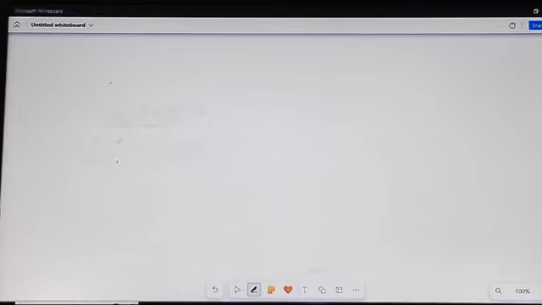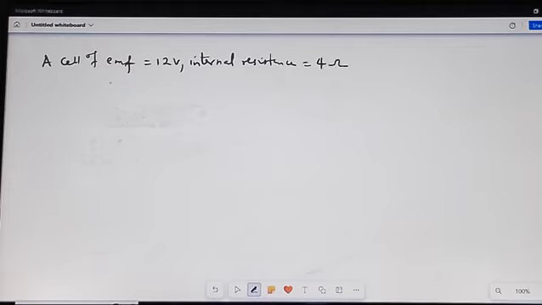So assuming I have a cell of EMF 12 volts, internal resistance is 4 ohm, and connected to an external resistor.